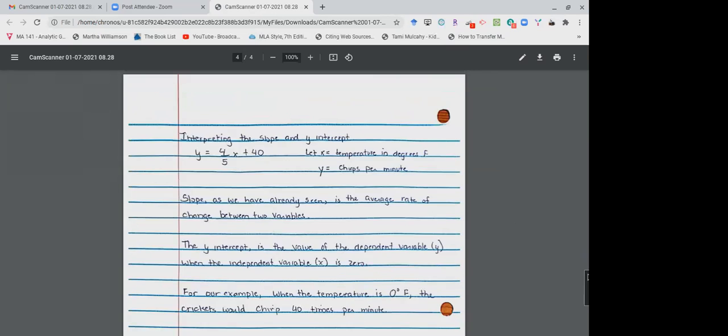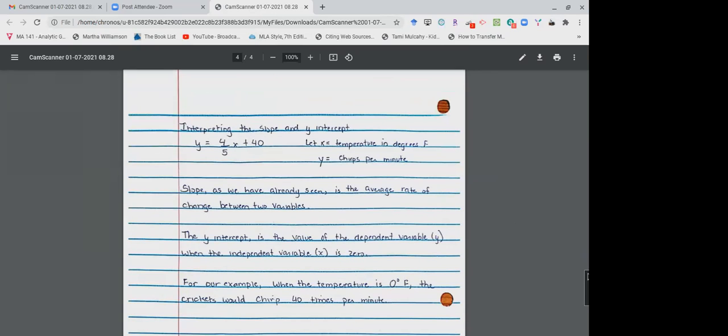Now, for our purposes here, the biggest idea behind it is that we want to interpret the slope and the y-intercept. Slope is an average rate of change between two variables, and you get that from the data and from the interpretations that you did. So the y-intercept is the value of the dependent variable y when the independent variable is known.